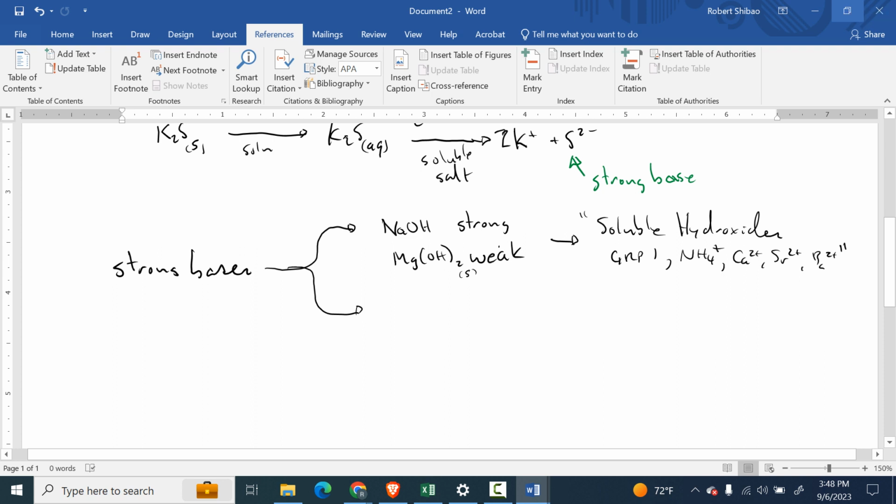Sulfides are strong bases. Oxide? And so we wanted to use the soluble sulfides. So we have the soluble hydroxides, the soluble sulfides. Soluble sulfides are group 1, ammonium, and group 2.